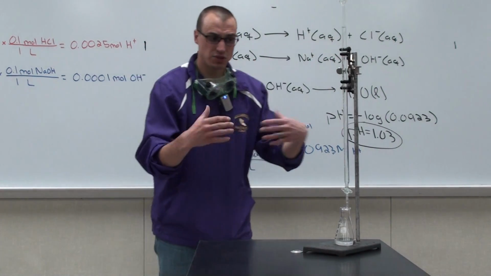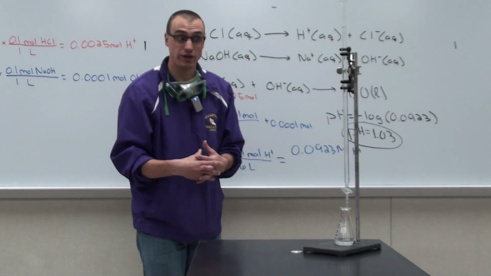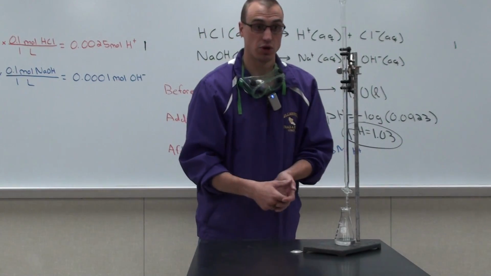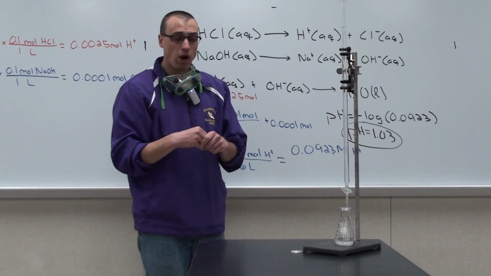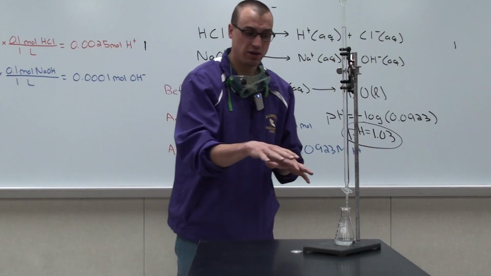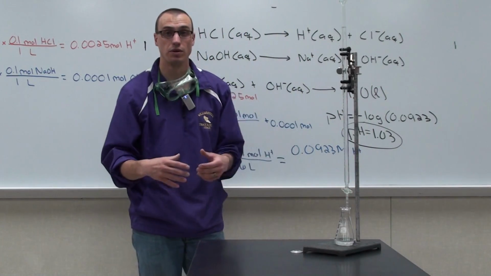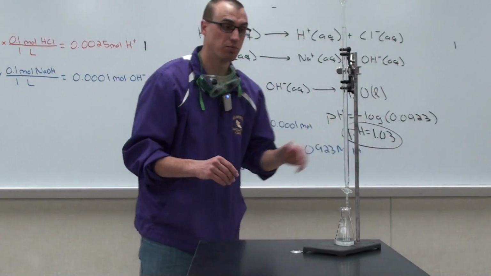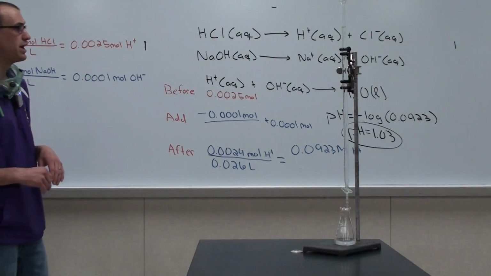What that pink indicates is that some NaOH is going into that solution and starting to raise the pH. At the equivalence point, this whole solution is going to turn pink, and I'll talk more about that once we get to that. So let me erase the board, and then we'll add an additional 23 milliliters of NaOH.